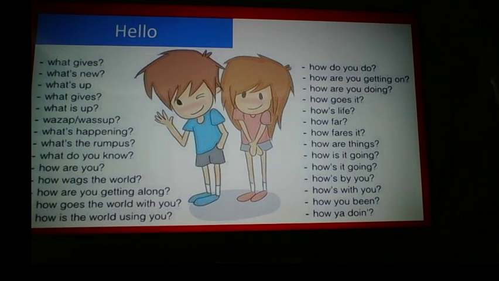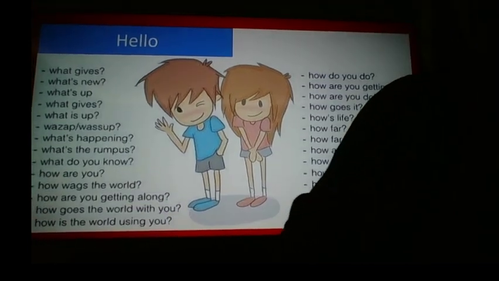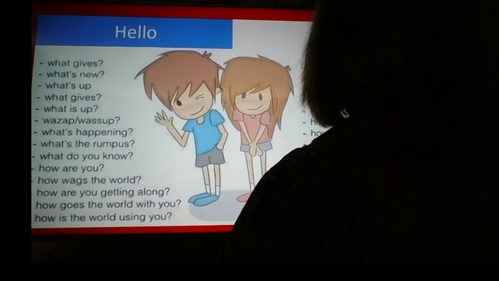Never heard that one, but apparently there are some areas of the country where people will say this to you instead of hello. How do you do? That's rather more formal. How are you getting on? How are you doing? So you can see that there is a difference between how we say hello, and I'm going to start in the classroom today by writing hi, and that's very informal.